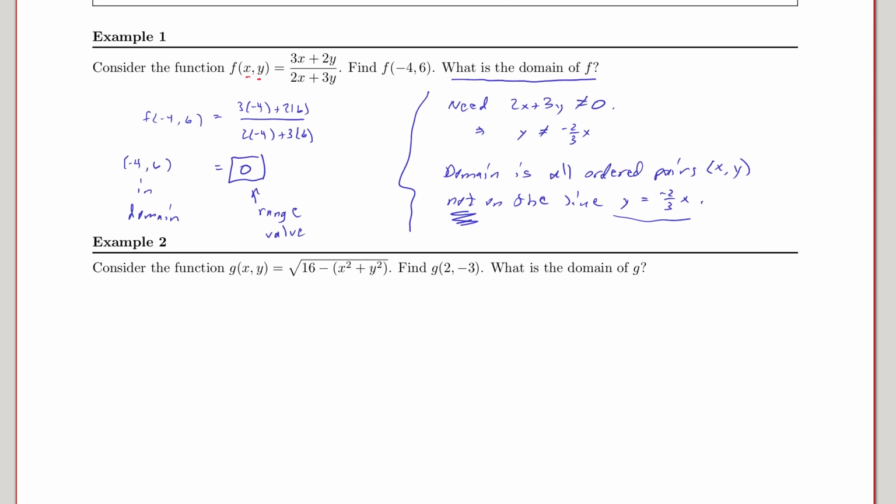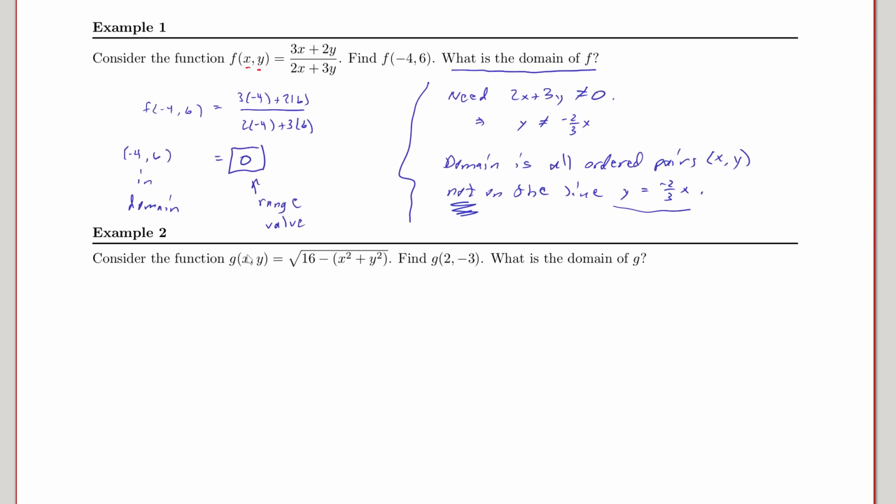Let's look at the last one here on this page. So here we have square roots, so there could be an issue. Let's first just plug a point in. So g of 2, negative 3 would be the square root of 16 minus 2 squared, that's your x value, plus negative 3 squared.